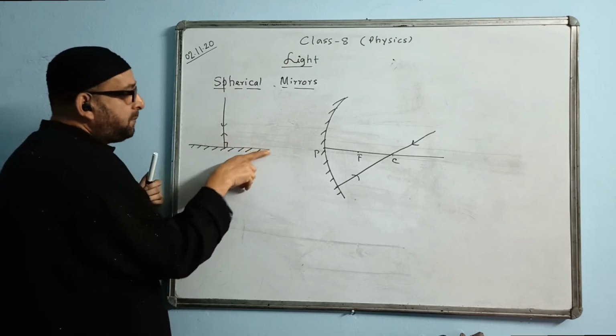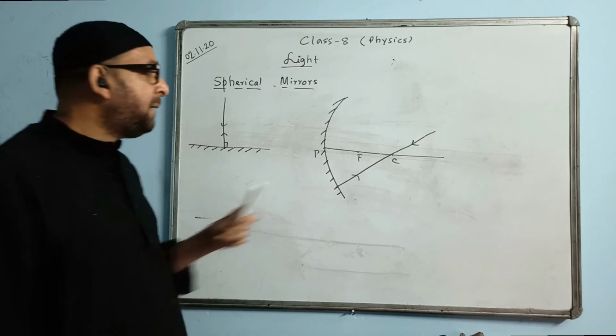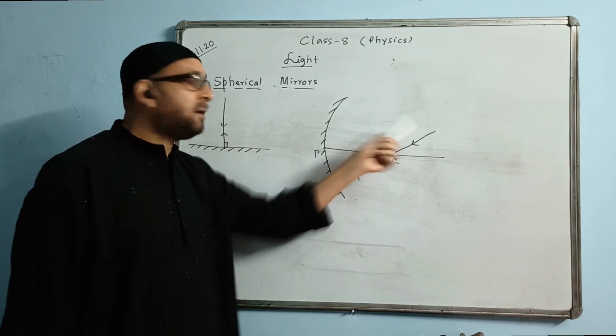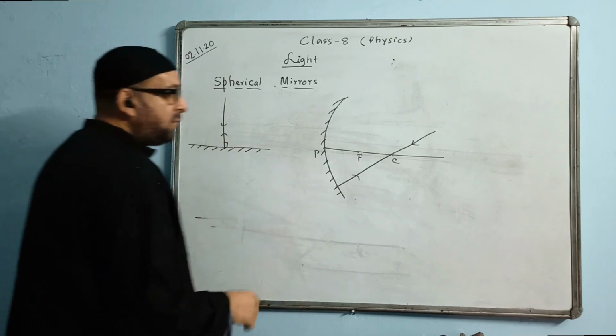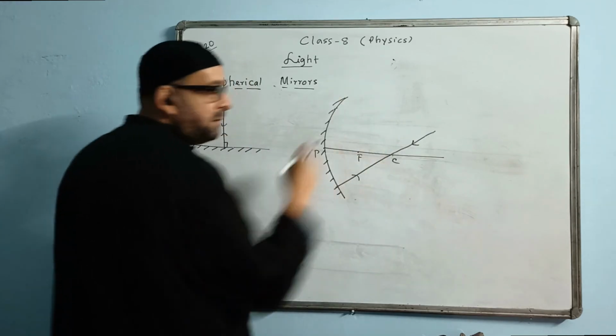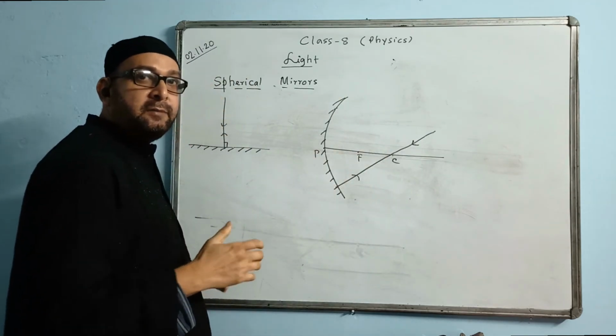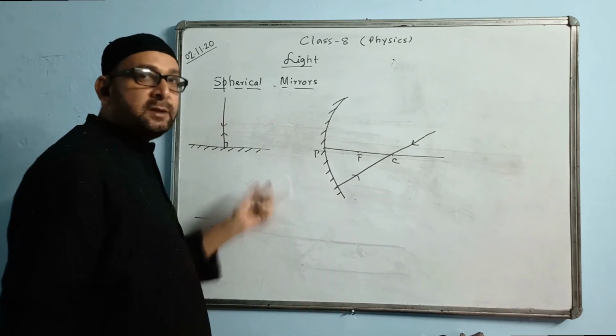Exactly this is a plane mirror, but this is a spherical mirror. In case of a spherical mirror, any ray passing through C will return back along the same path. That happens in the concave mirror. Here also the ray passing like this will return in the same direction. That means it will retrace its path, reversing back along the same path.